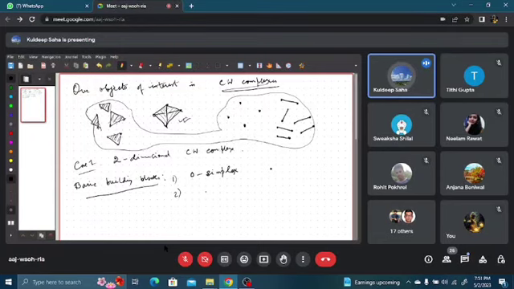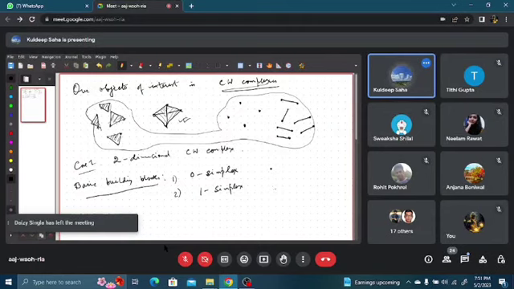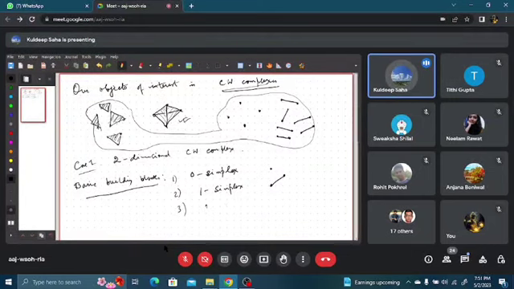A one simplex is just a copy of this line. When I say copy, it is up to homeomorphism, a homeomorphic copy of this line. Please note these are closed. And a 2 simplex is a triangle.